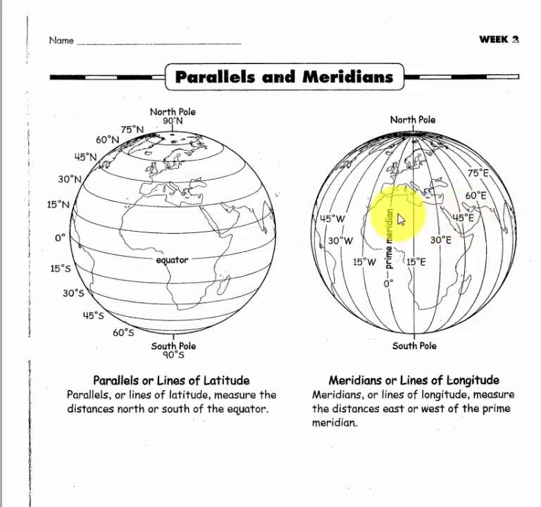Now I'm looking for 75 east, so here's my 75 east way over here. And remember, my line of latitude was about here, so I'm really talking about in this area. And the question is, is that Asia or is that Europe? And hopefully you have an idea based on your previous knowledge of what continent that is.